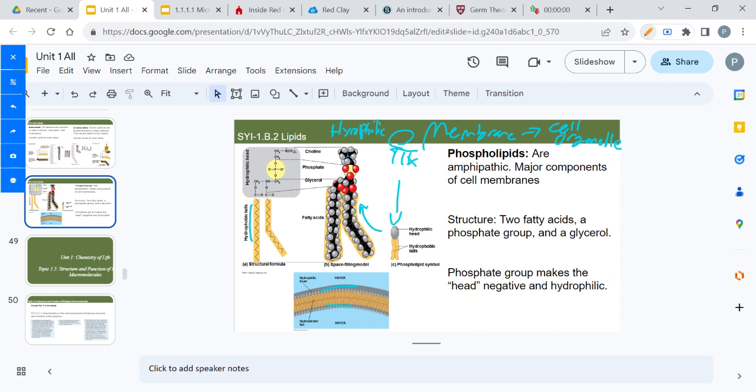They love the water, but they don't want to get their feet wet. So they orient themselves so all the tails are facing away from each other, so that we can make a barrier from that, and it's pretty cool.